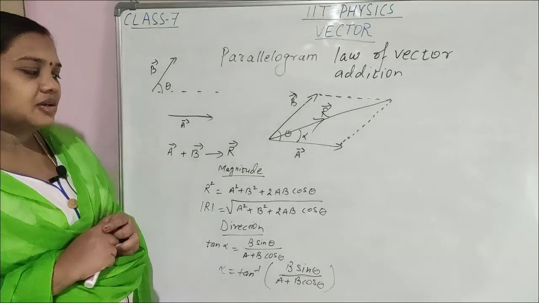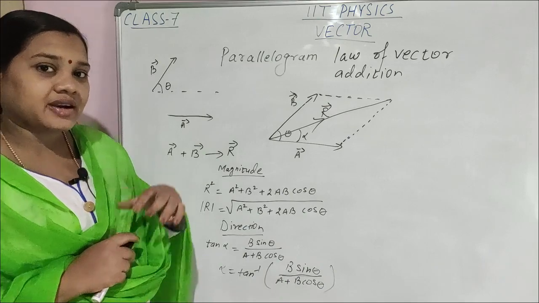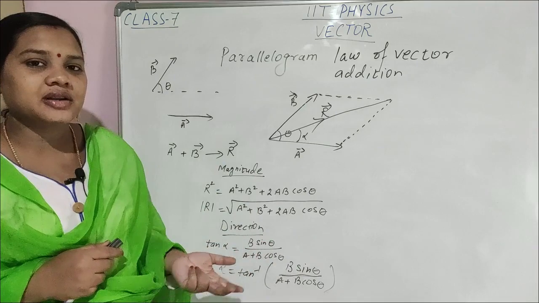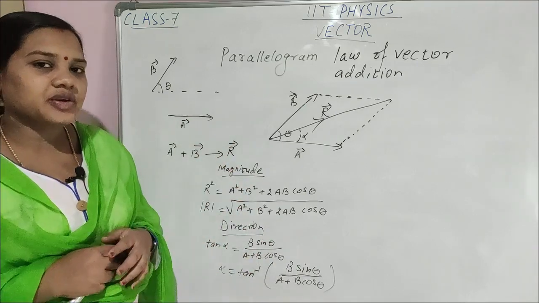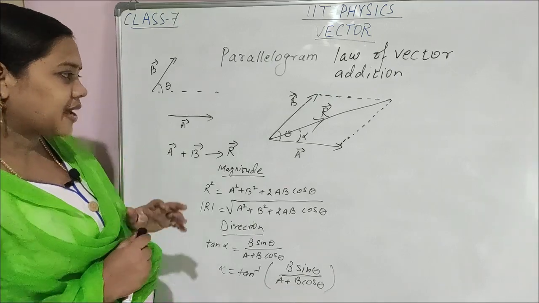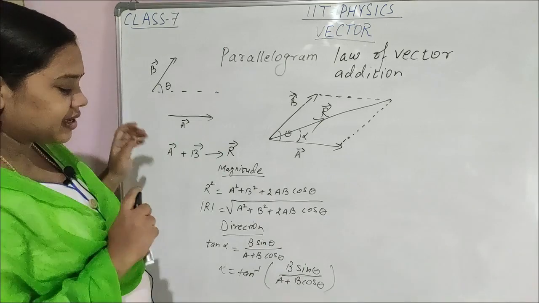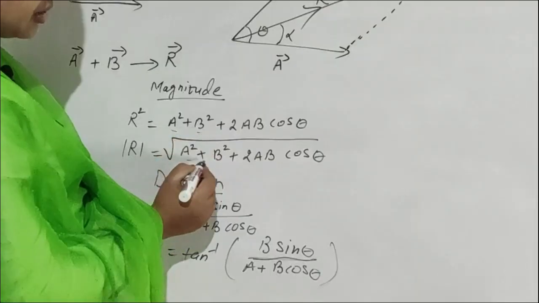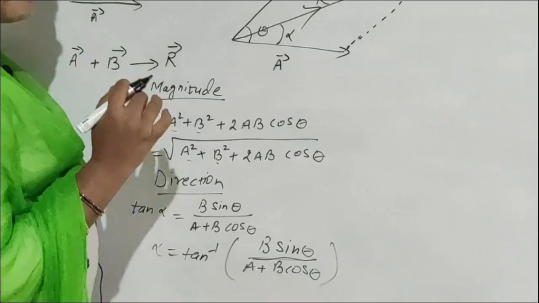Now today we are going to discuss vector subtraction. Vector addition we discussed in two ways: the triangular law and the parallelogram law. Addition over, now we will discuss vector subtraction. Here one thing I want to say, children: here we are writing A and B. These A and B are the magnitudes of vectors.